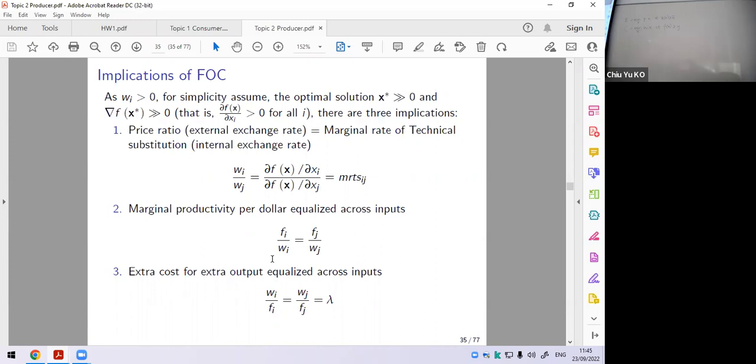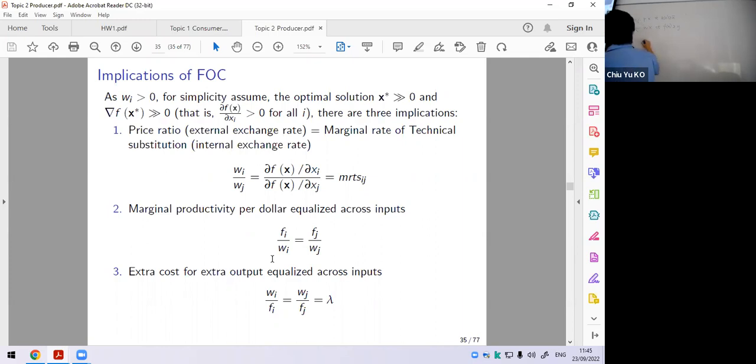Then for spending $1, how much productivity do you get? Okay, let me do it. I spend $1 on i.